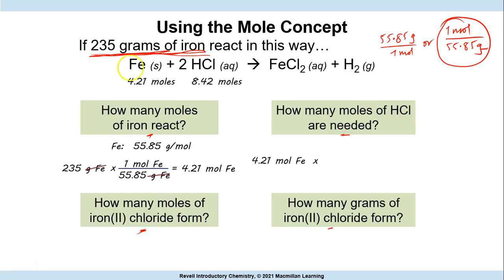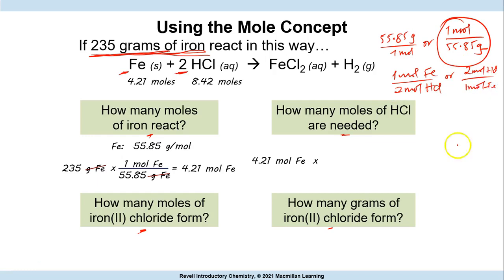Okay, in the balanced equation, 1 mole of iron reacts with 2 moles of HCl. So that is what we are going to use to calculate the moles of HCl here. So we know that 1 mole of iron reacts with 2 moles of HCl, or 2 moles of HCl reacts with 1 mole of iron.